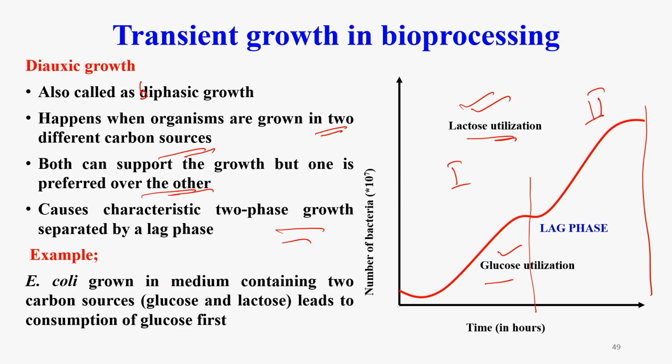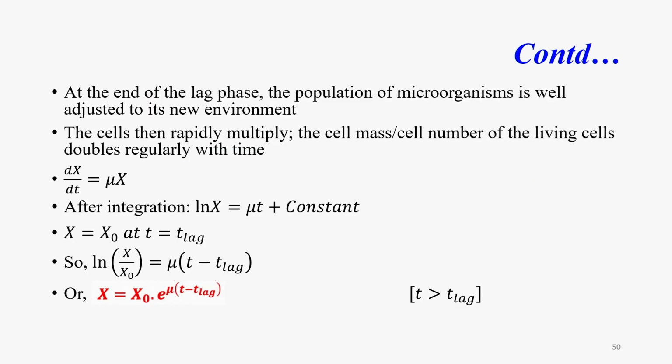When we see such behavior, there is a lag time here, and a lag time here. We observe the lag time because the inoculum takes time to adjust to the new environment. It may be the new media, it may be the new operating or environmental conditions.